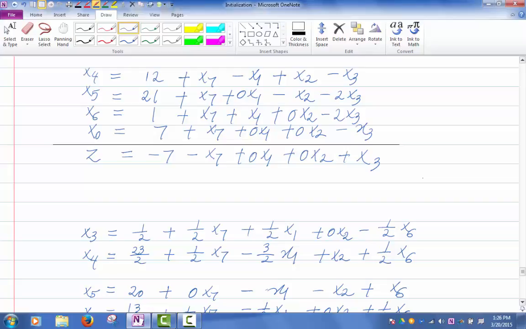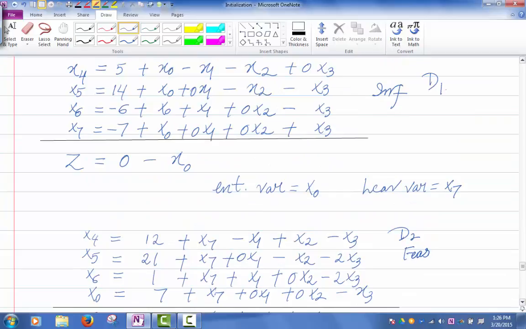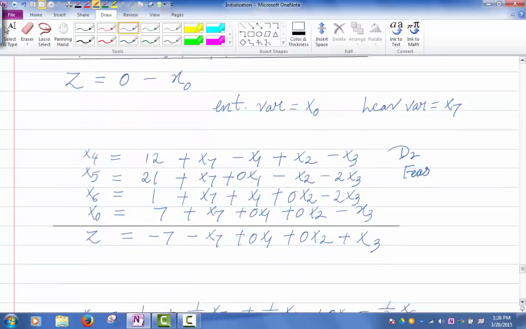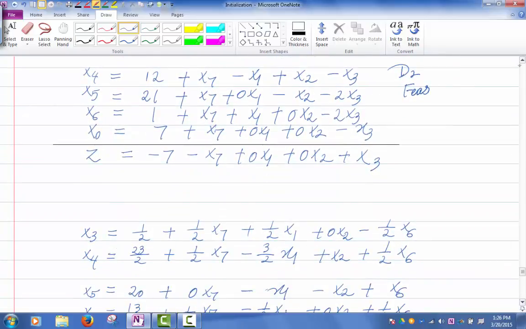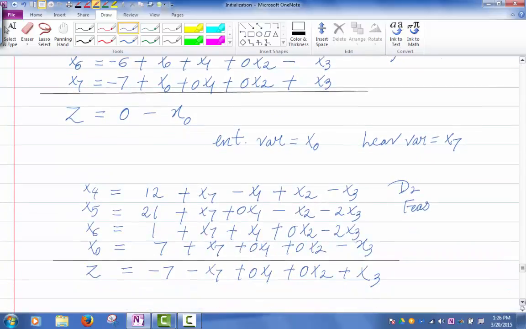Now we do our usual operations, right? Once I get a feasible dictionary, this is the second dictionary, and this is feasible. Let me call that D2, and the previous one, let's call that D1. Okay, so now what's the leaving and what's the entering variable?